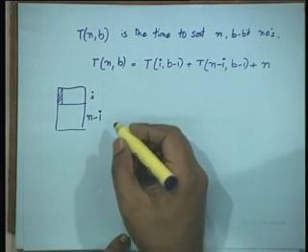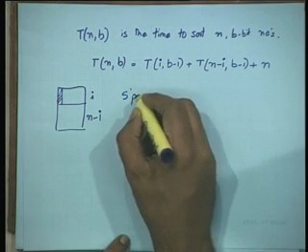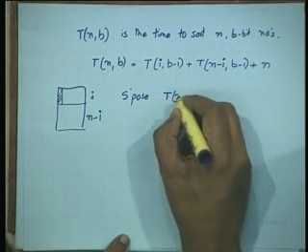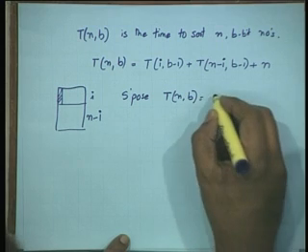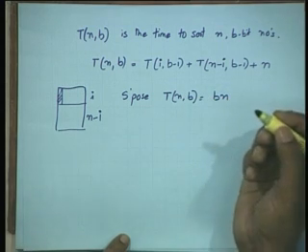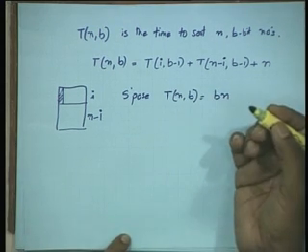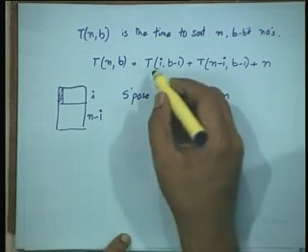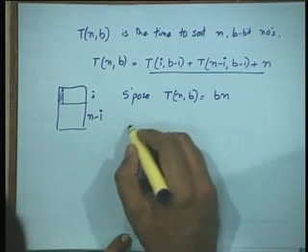Let us see. Suppose T of n comma b was equal to b times n. Maybe I am wrong. Let us see whether I am right. So, what is my right hand side then?